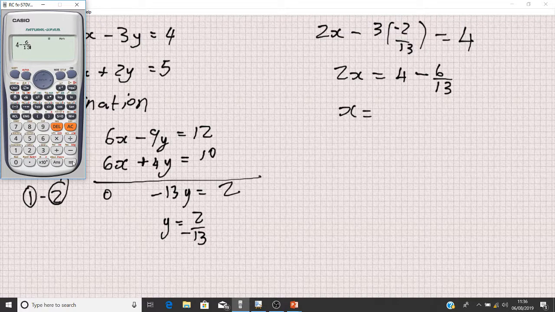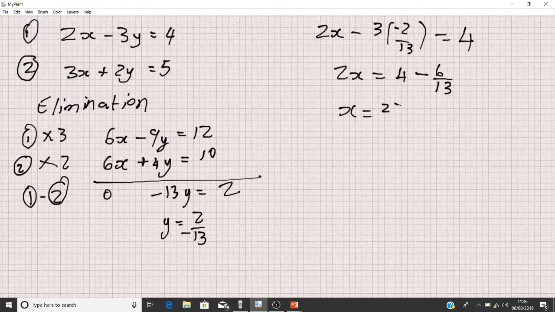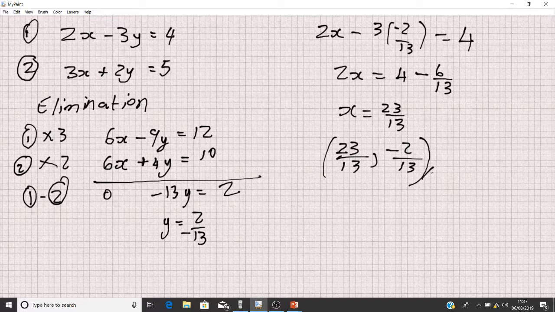That'll give me 2x, which is 46 over 13. And we're going to divide the answer by 2 to get the final answer for x, 23 over 13. So if I haven't made a mistake, the final answer should be 23 over 13 is the value of x, while the value of y is negative 2 over 13. So that's where those two lines meet by elimination.